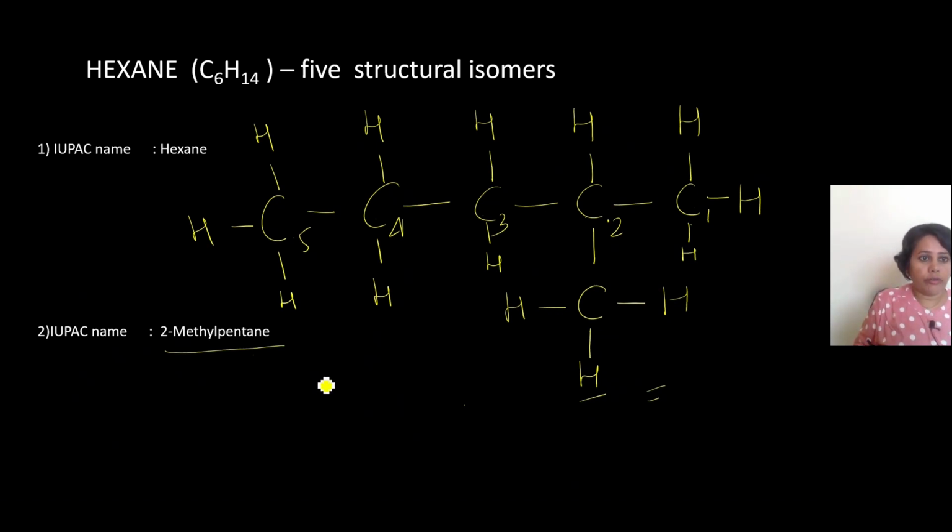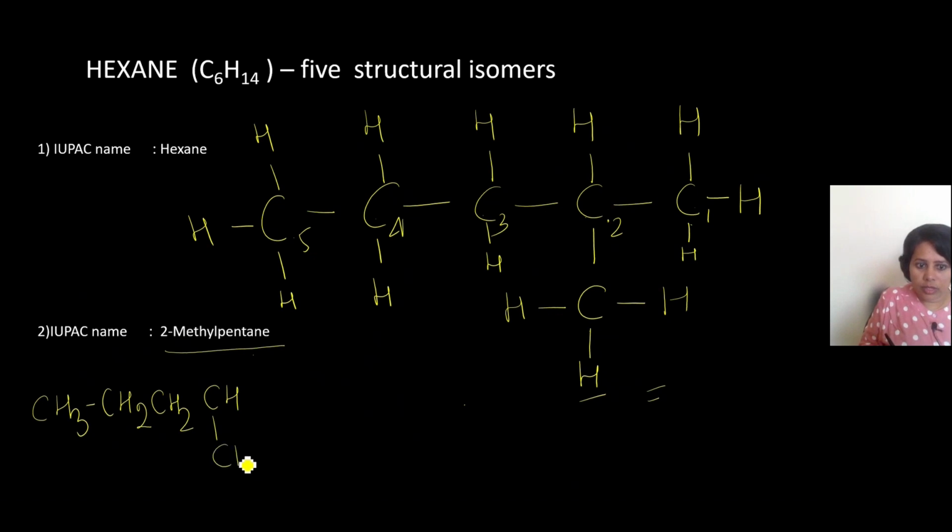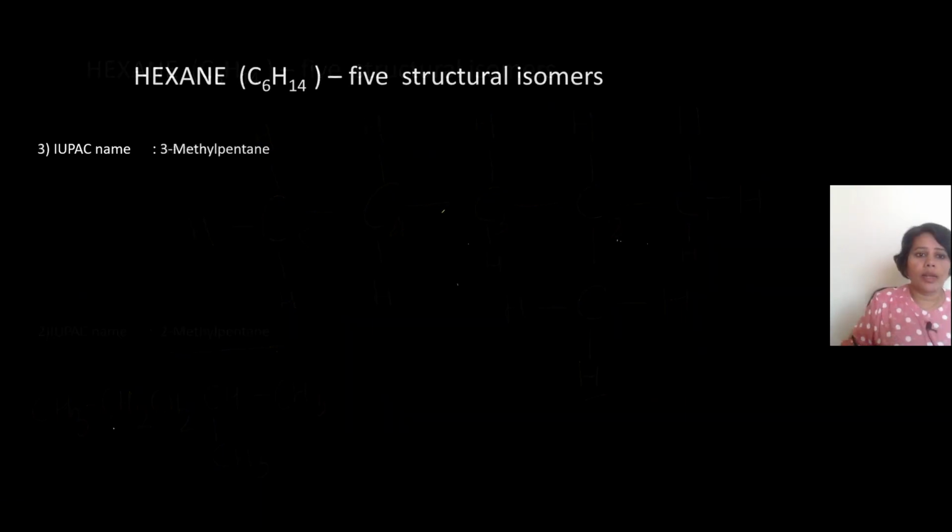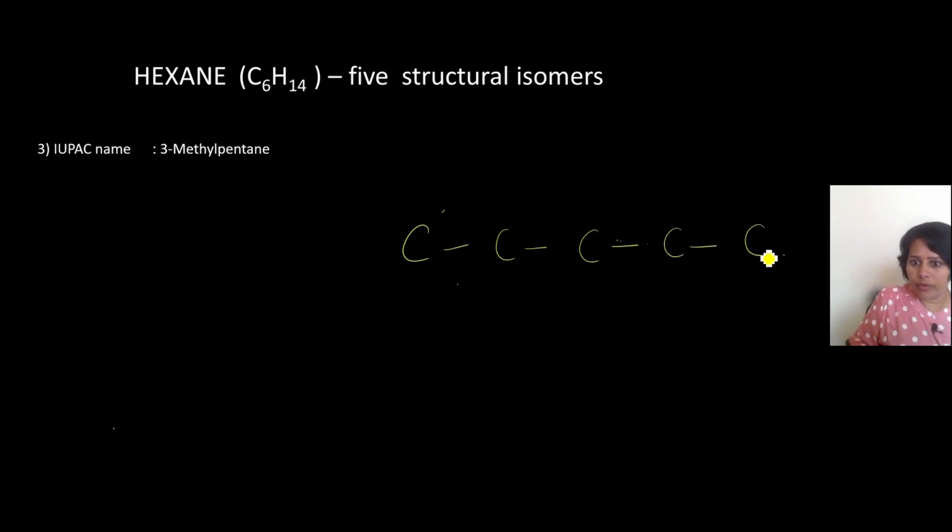The same structure we can write in different way also: CH3, CH2, CH2, CH, CH3 and CH3. So another isomer of the hexane. So 1, 2, 3, 4, 5.